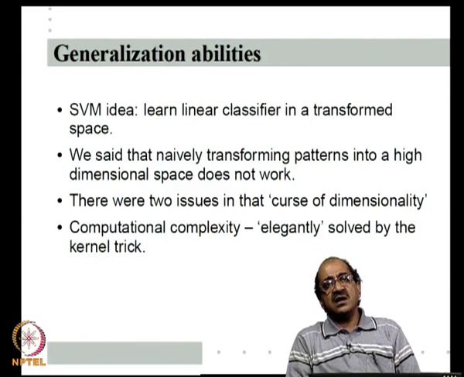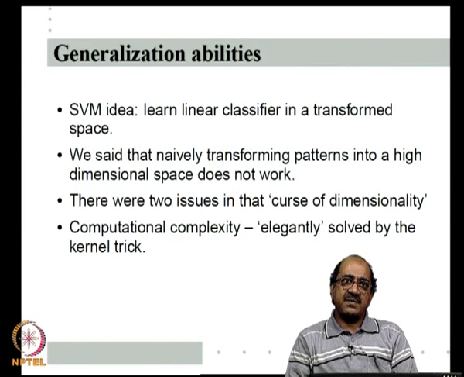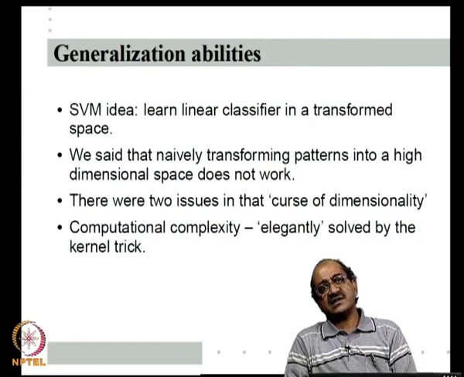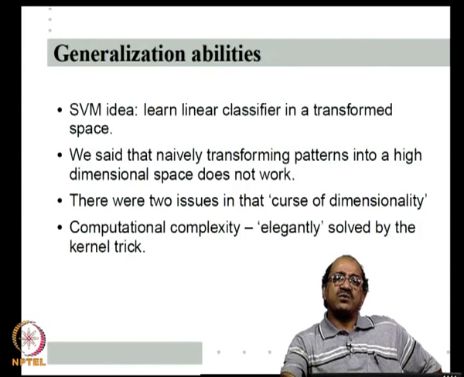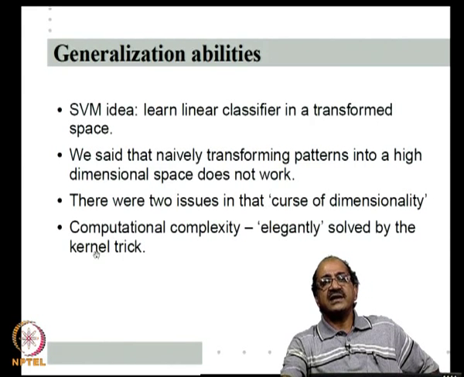We have to first transform all of them into a very high dimensional space and do inner products in the high dimensional space to learn the classifier. Even after learning the classifier, you give me any new pattern, I would once again transform it to the high dimensional space and keep doing inner products there. So, computationally very complex.